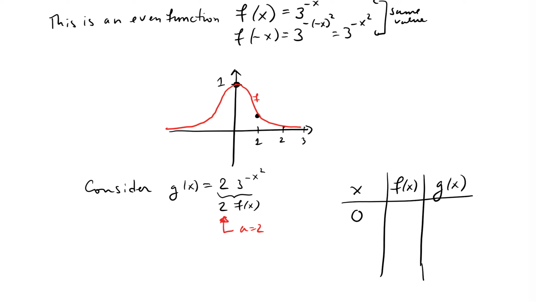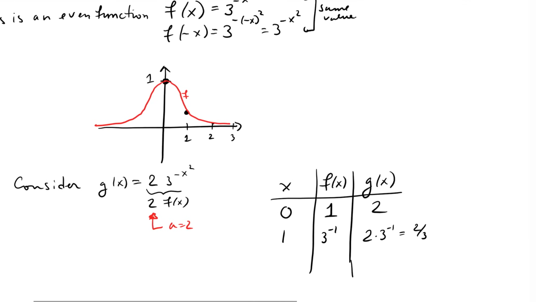For a value of 0, f of 0 is 1. Now g is going to be twice that. At plus 1, f is 3 to the minus 1. g is twice that. So in other words, it's going to be 2/3. So every time, the y coordinate of g is twice the value of the y coordinate for a point on the curve representing function f.